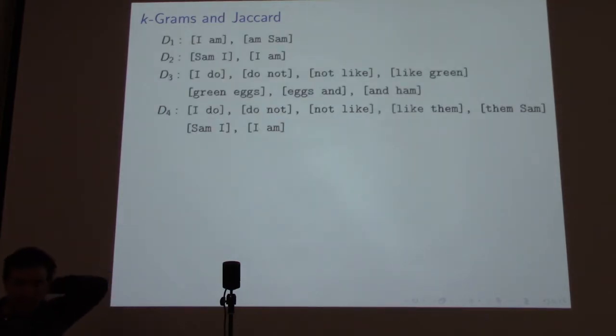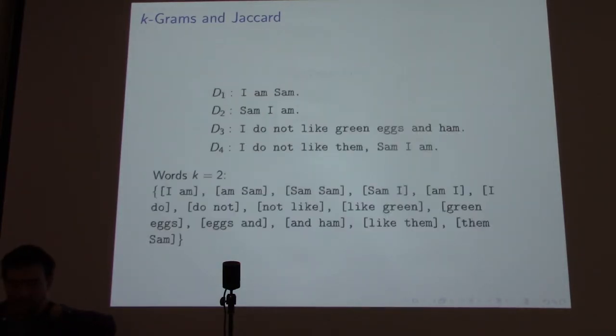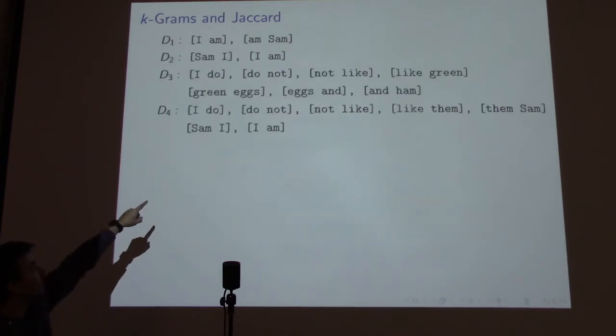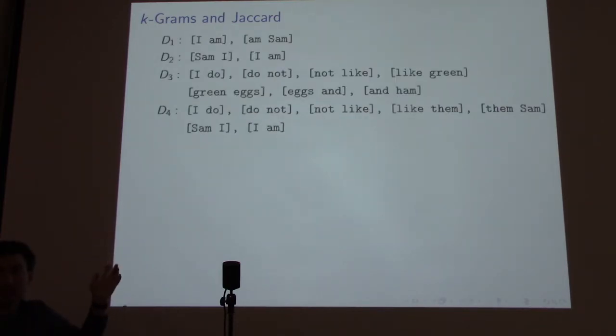Okay? And so now I've converted these documents into sets. So I've made a modeling choice to go from these 4 documents into sets. This is a reasonable way to model them, and now that I have sets, I can calculate the similarity between them.